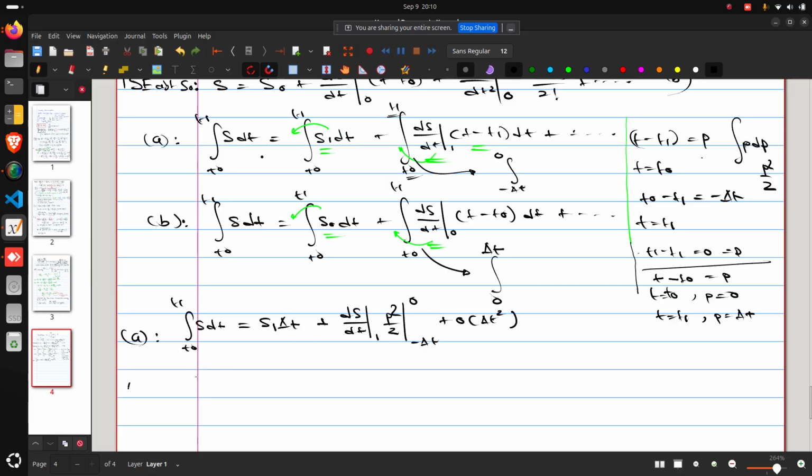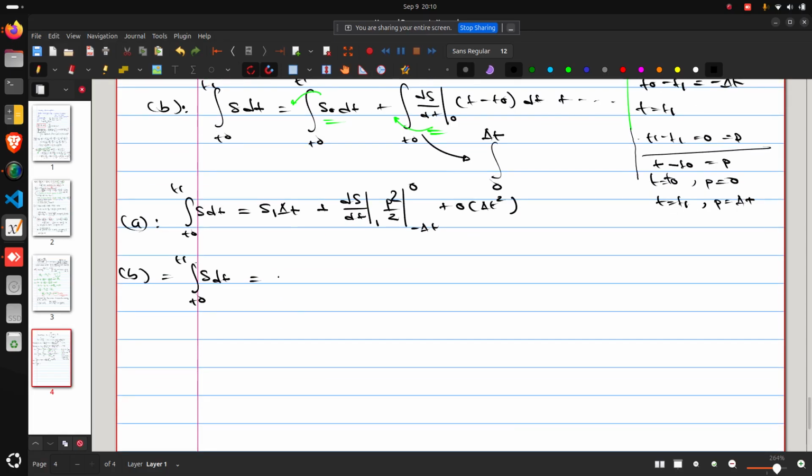And similarly for B we have S naught delta t and ds dt at 0, it will also be p square by 2, but the limits will be 0 to delta t, right, and order of delta t square.